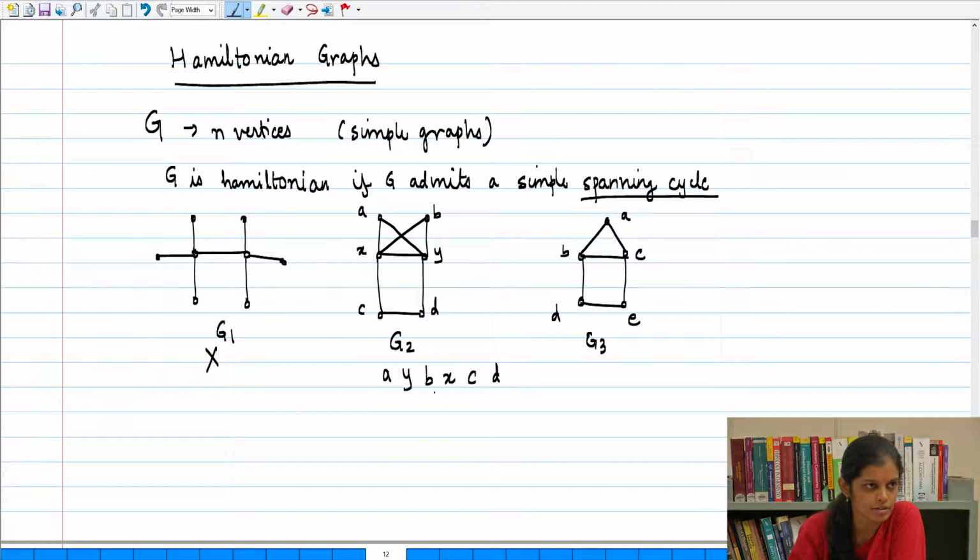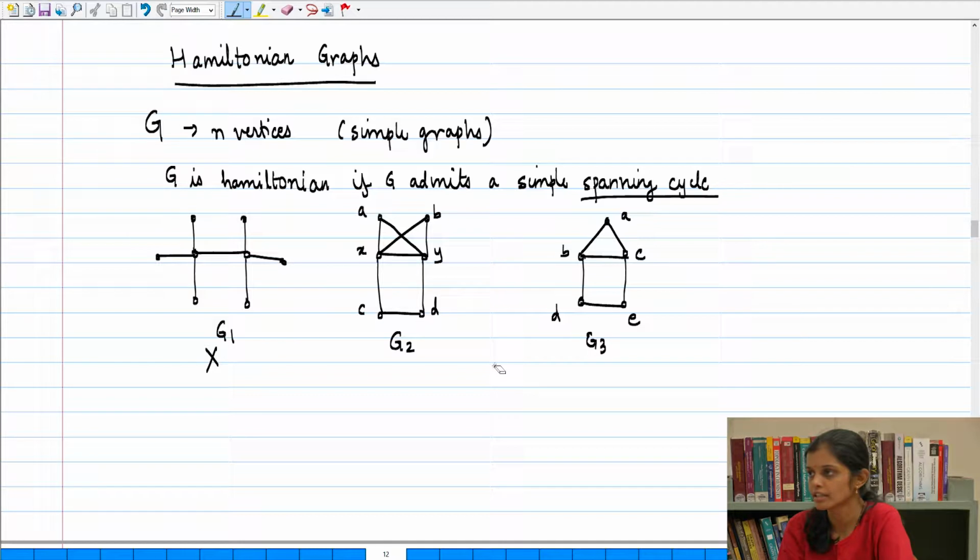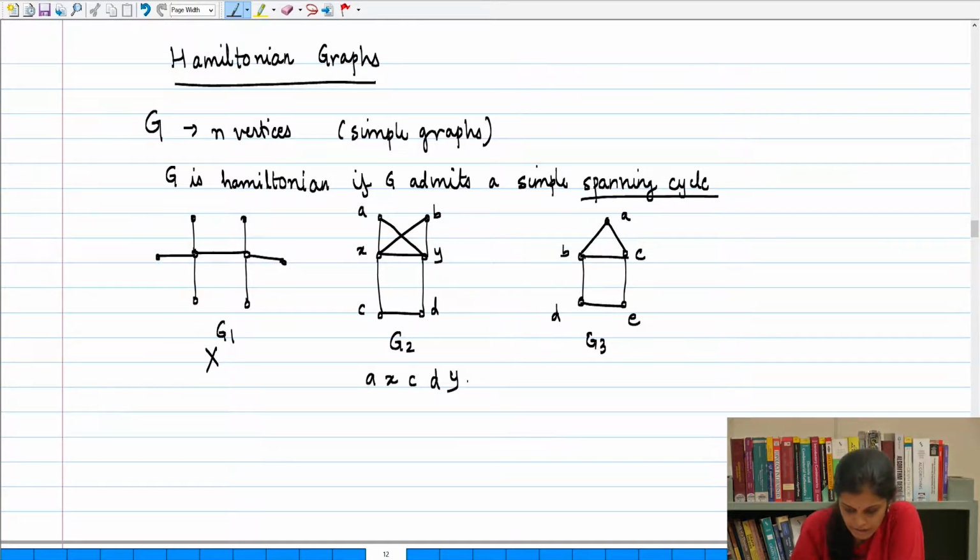So this is not a Hamiltonian cycle. Any other cycle that somebody can suggest? A, X, C, D, Y. Is it allowed? Okay, so this is not allowed. Two occurrences of X are not allowed, right? So this is not a Hamiltonian cycle.